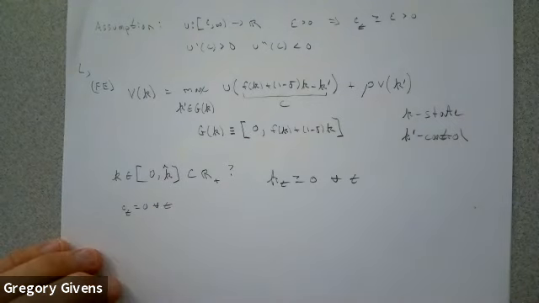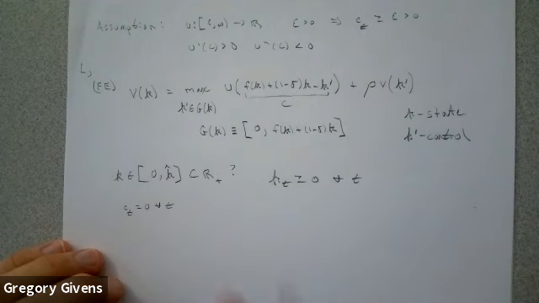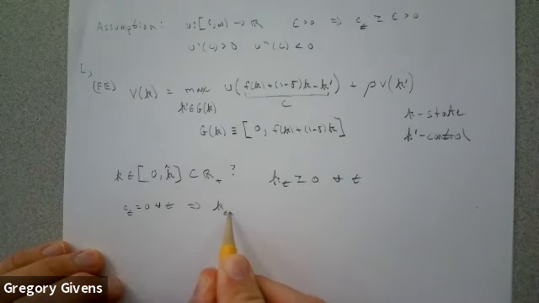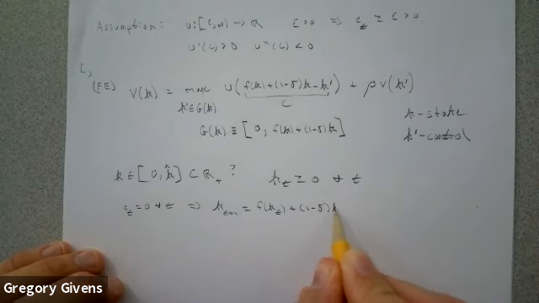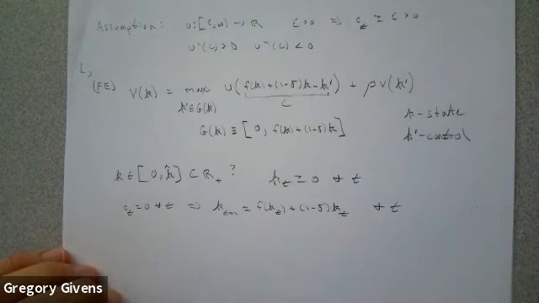Follow me on this, okay? If consumption is 0 forever, then what does that imply about k_{t+1}? That it's equal to f of k_t plus (1 minus delta) k_t for all t. I've just substituted c_t equal to 0 into the resource constraint.